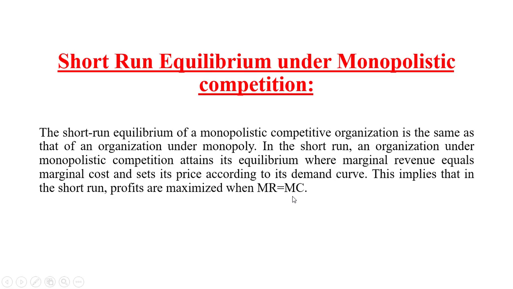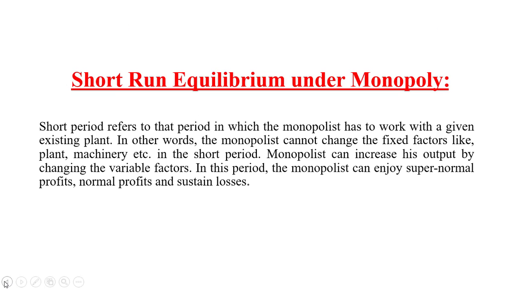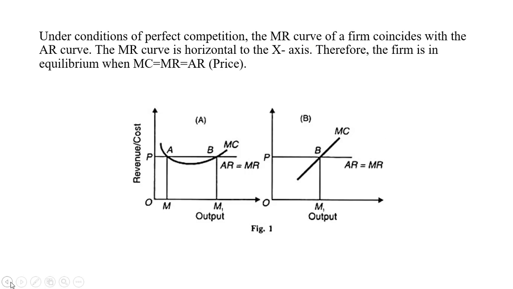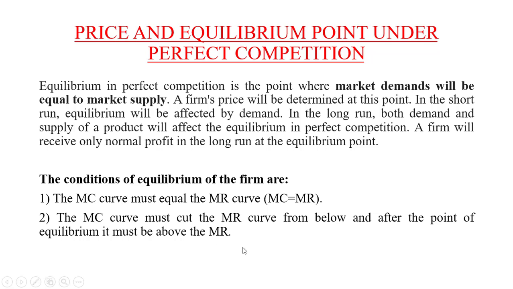And for all the firms, that is perfect competition, monopoly, and monopolistic competition, the same diagram will be applicable. You can see the conditions of the price and equilibrium point are the same for all the structures of the market. That is, the MC curve is equal to MR, and the MC curve must cut MR from below.